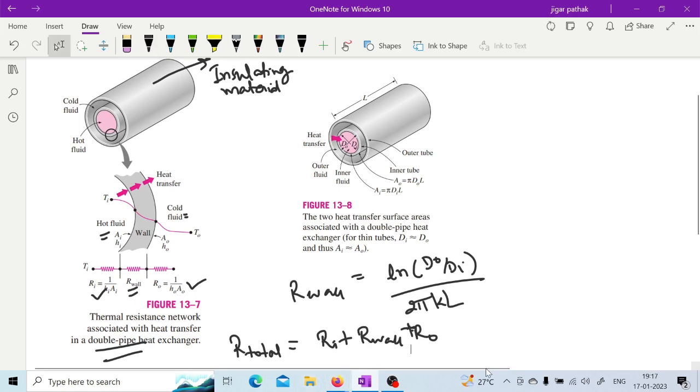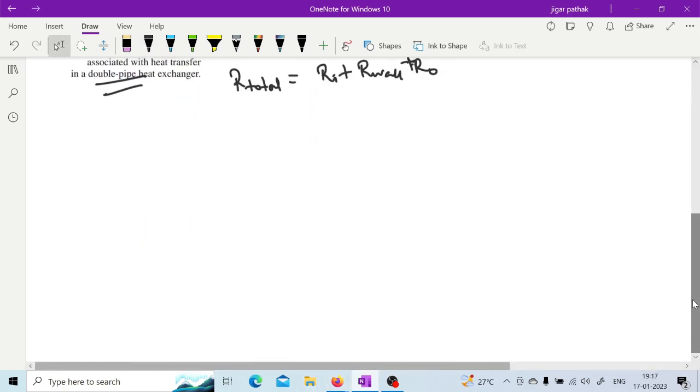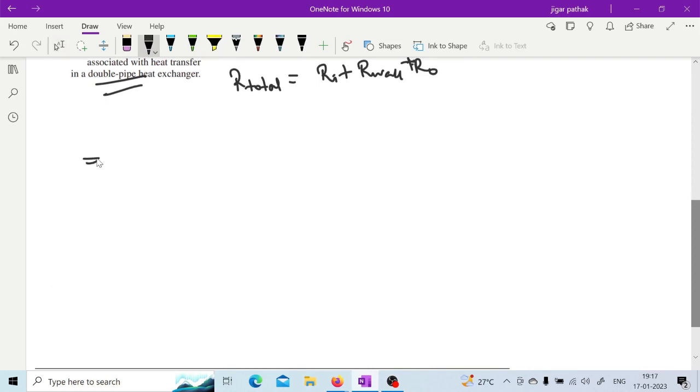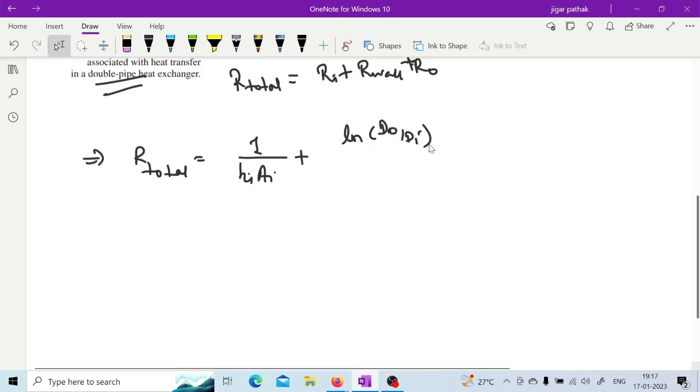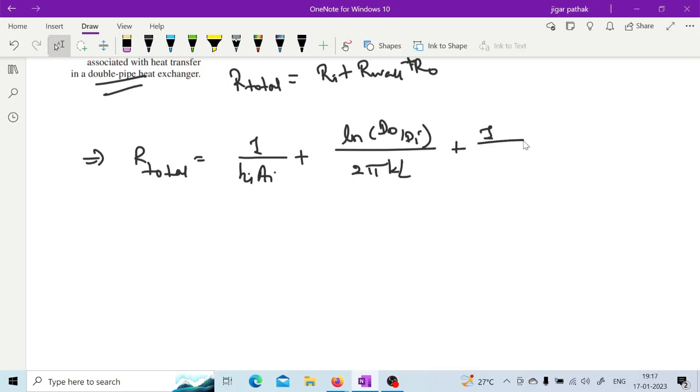If we simplify this further, we can write R total as 1 upon h_i A_i plus ln(d_o/d_i) upon 2 pi k L plus 1 upon h_o A_o, right?